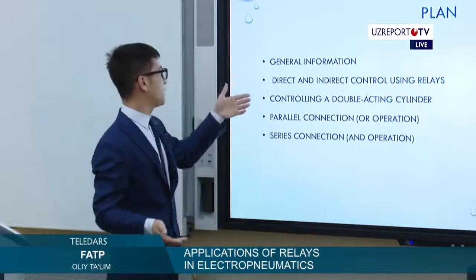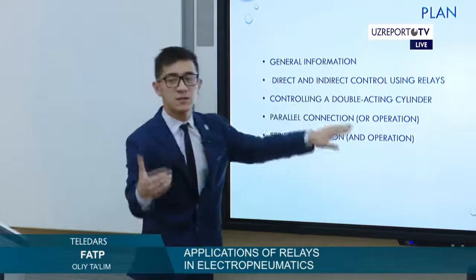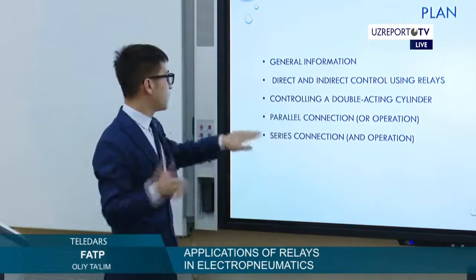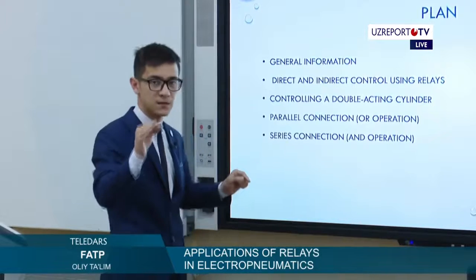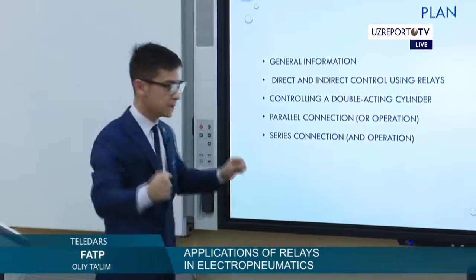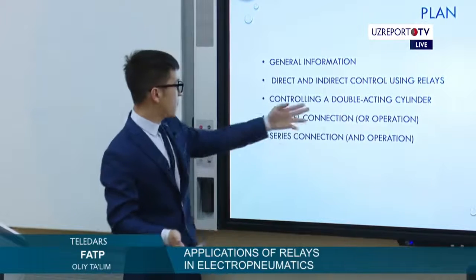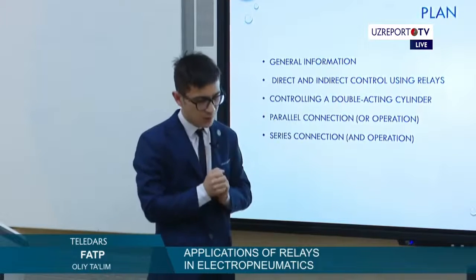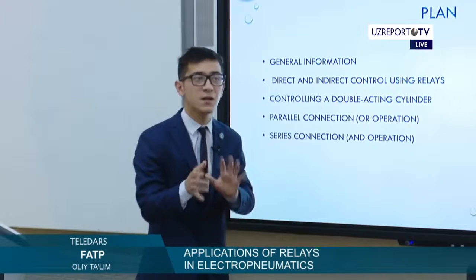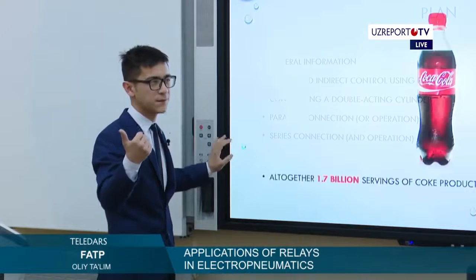They are direct and indirect control using relays and controlling double action cylinders, and parallel connection using semi-logic elements. It's a semi-logic relay. And then a serial connection with the AND logic. Both of them, OR and AND, are based on Boolean logic, which is very close to our PLC connection and programming language. So let's start with the example.